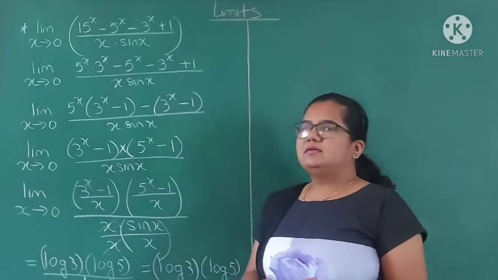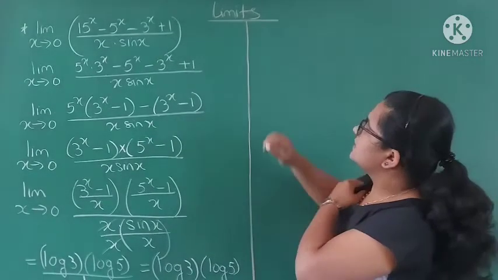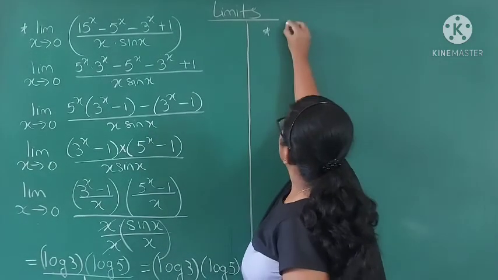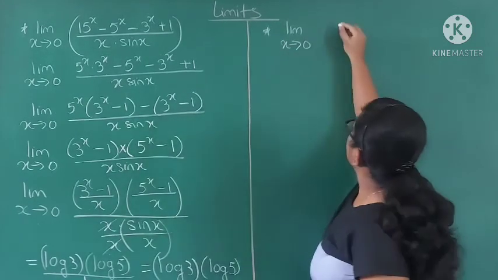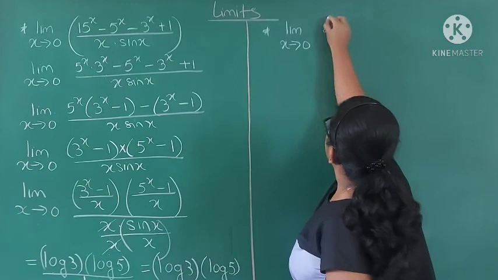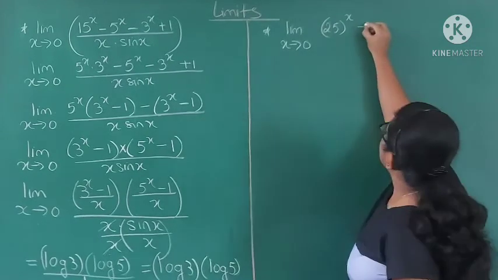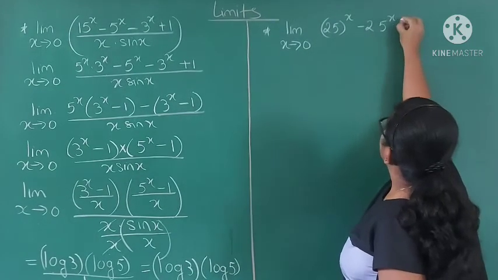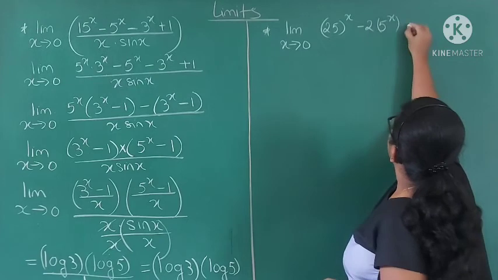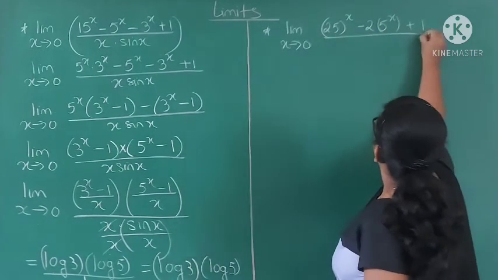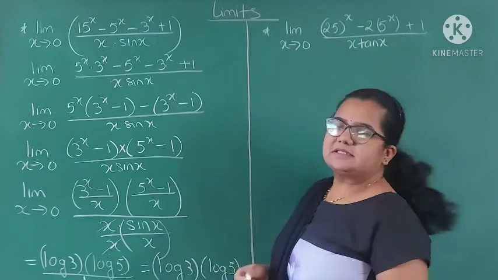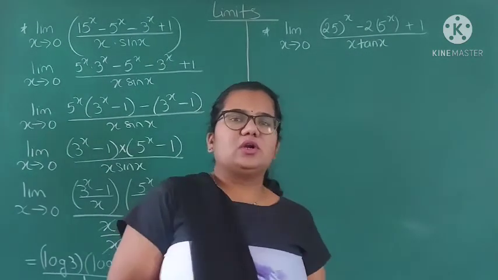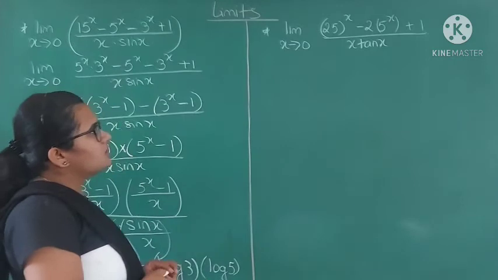Okay? Clear? Yes. Now let us see one more example. Limit as x tends to 0, 25 raised to x minus 2 into 5 raised to x plus 1 upon x tan x. Okay? Now what do you see in this example? What is the format?